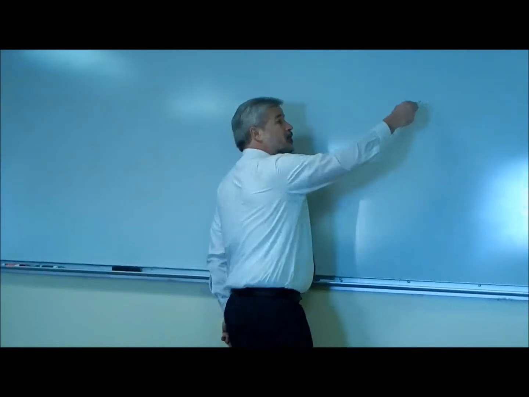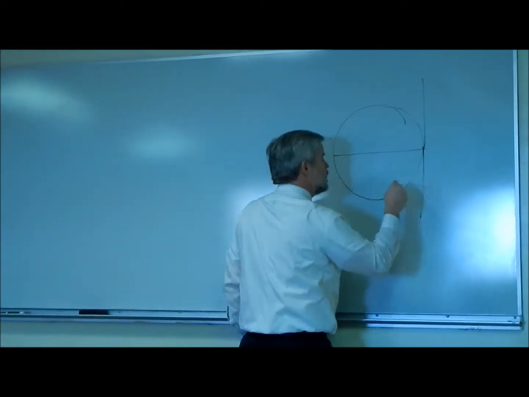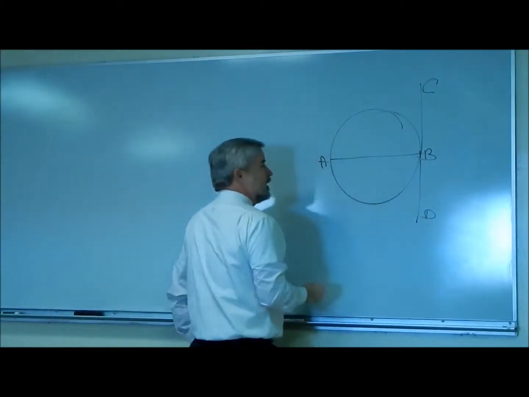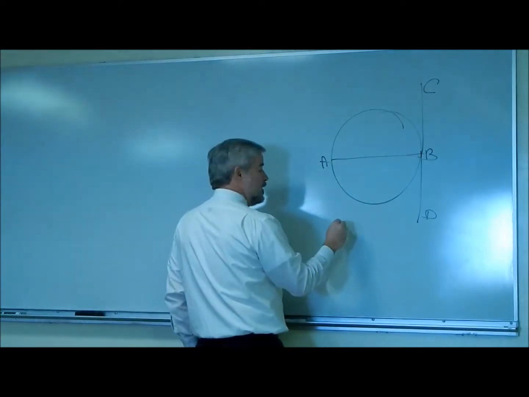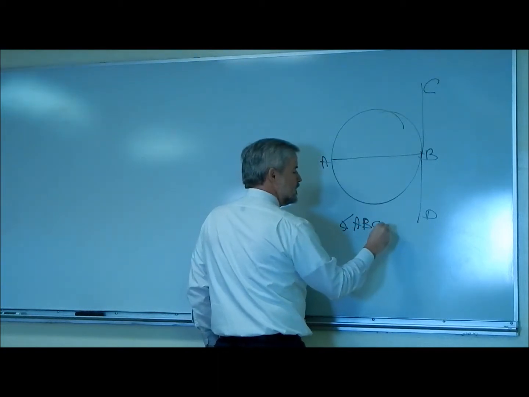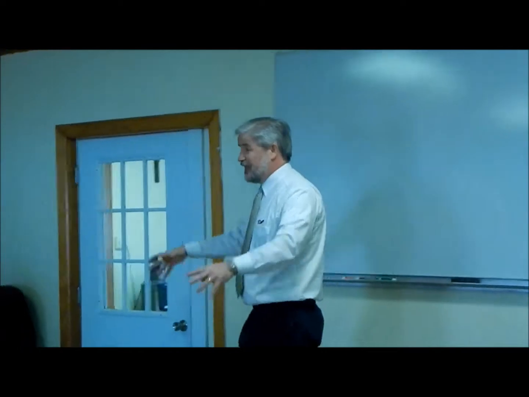With Euclid, we proved that if I have a circle and I draw a line at right angles to the diameter, if CD is at right angles to AB, making angle ABC a right angle, what did Euclid prove if ABC is a right angle? Speak nice and loud.